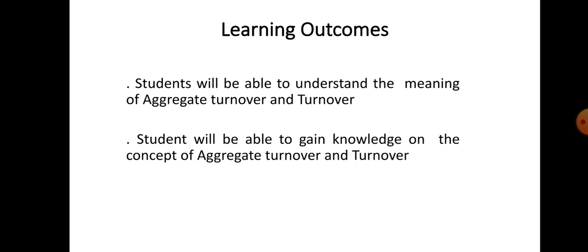We have to understand the concept because we have to solve some problems to find the transactions to take into the aggregate turnover at the time of computing the turnover and aggregate turnover.